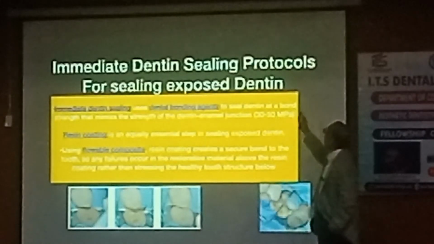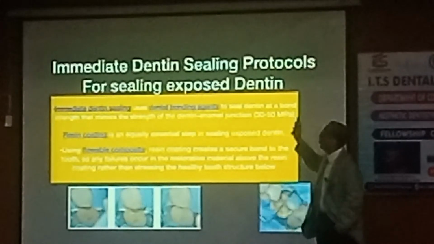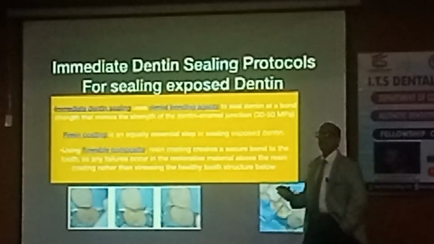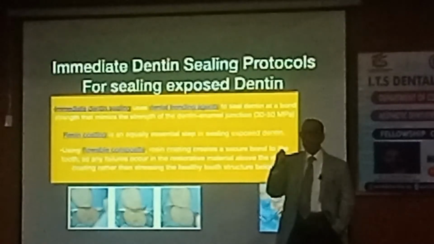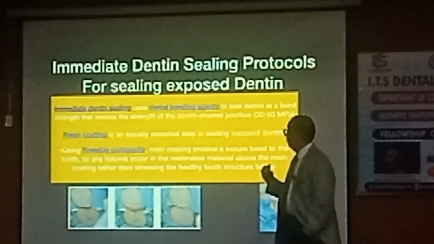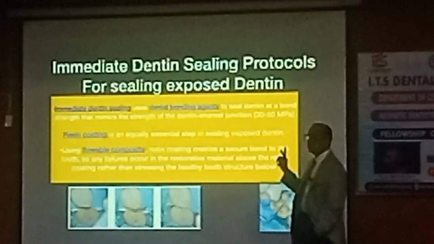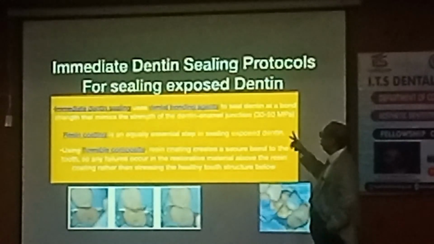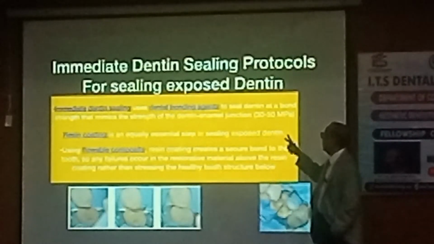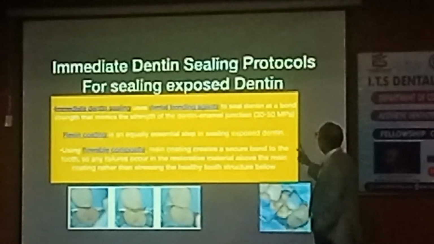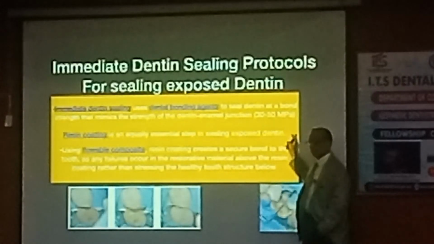Immediate dentine sealing protocols for sealing exposed dentine, right? This is one aspect that you guys need to understand very carefully. So immediate dentine sealing uses dental bonding agents to seal dentine at a bond strength that mimics the strength of the dentino-enamel junction at 30 to 50 megapascals.